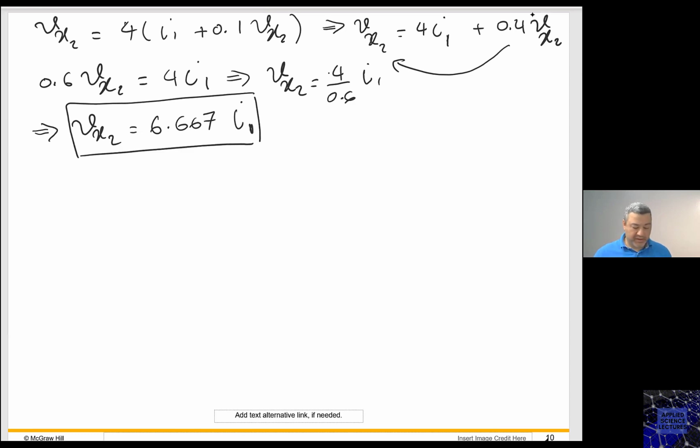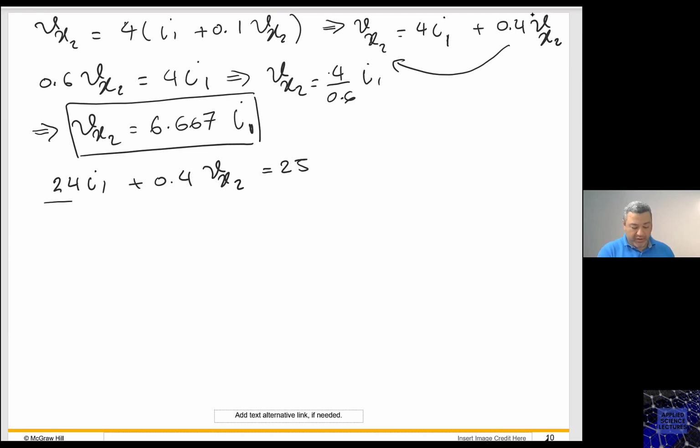Now, if we take this and substitute it in the equation that we had earlier, which is 24 I1 plus 0.4 Vx2 equals 25.